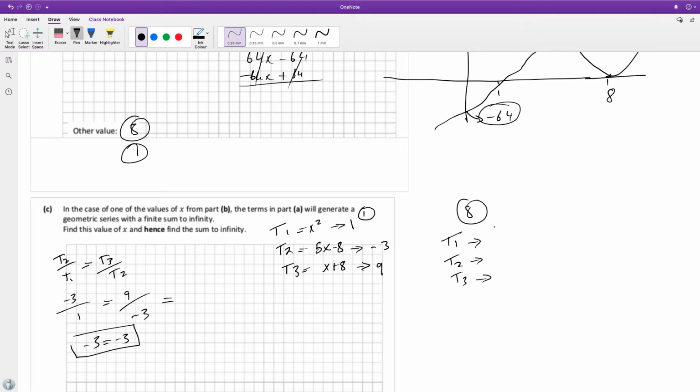What's T1? 64. T2? 40 minus 8 is 32. And T3? 16. Does this work?